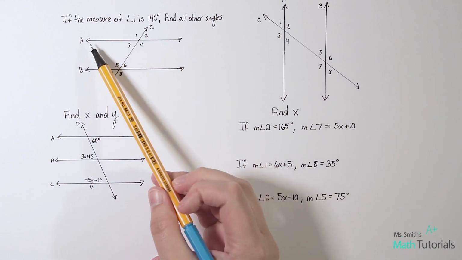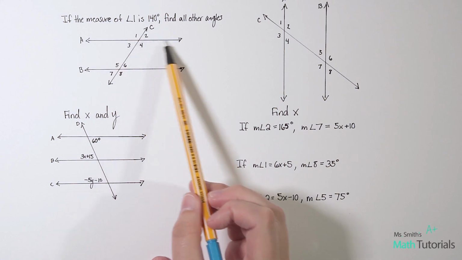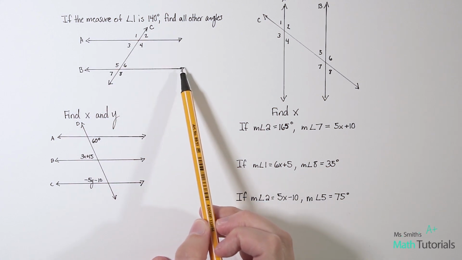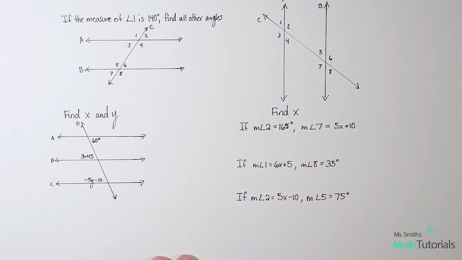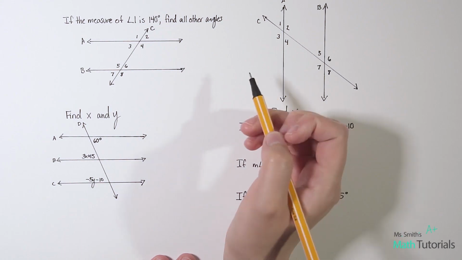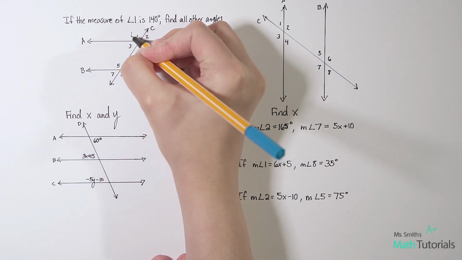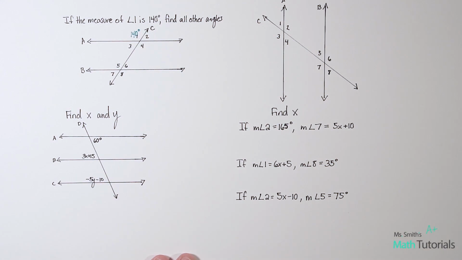Again, we are operating under the assumption, and the assumption is I'm telling you that A and B are parallel to each other, and C is a transversal that cuts between them. We are operating under that assumption. Let's go ahead and measure what angle 1 is. So it told us 1 is 140 degrees.